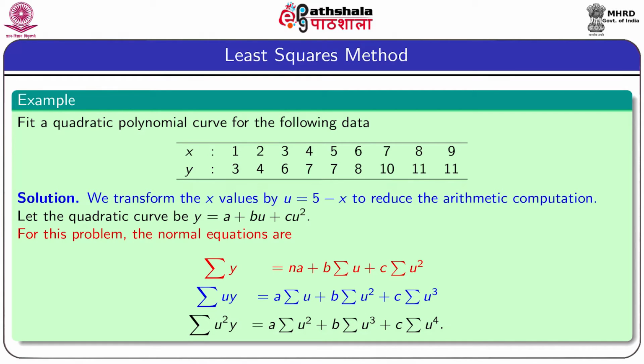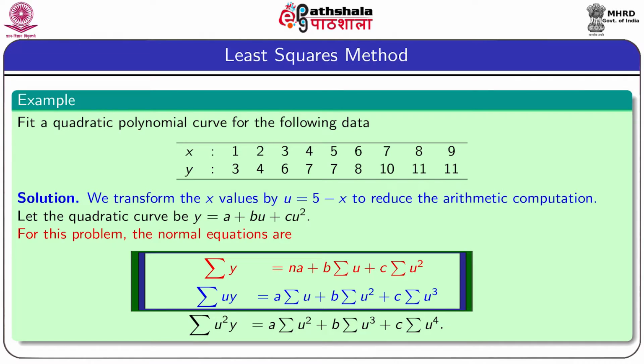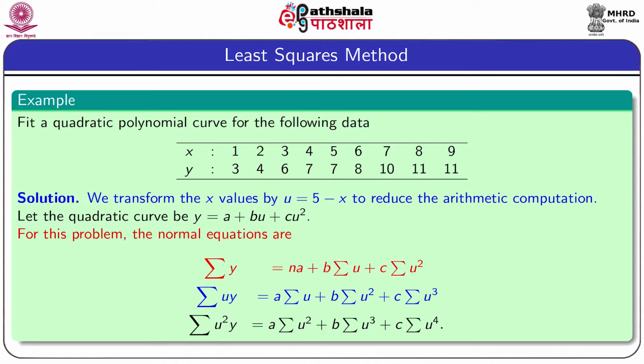For this problem, the normal equations are Σy = na + b Σu + c Σu². Second equation is Σuy = a Σu + b Σu² + c Σu³. And third equation is Σu²y = a Σu² + b Σu³ + c Σu⁴.